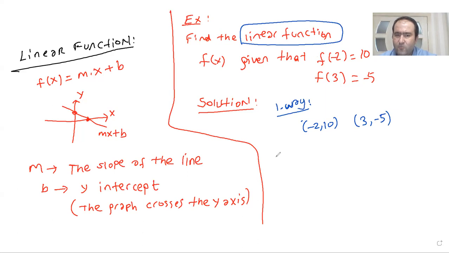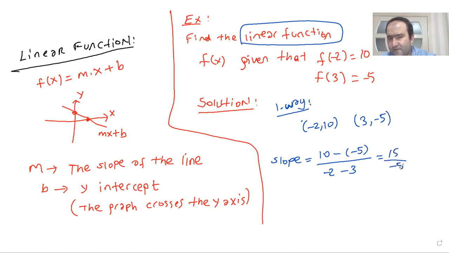And then we can find the slope of this line: 10 minus -5 over -2 minus 3. It's 15 over -5, so this is -3. So our linear equation is -3x plus what?